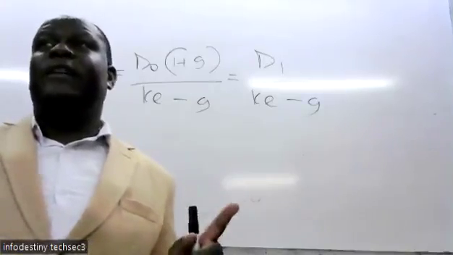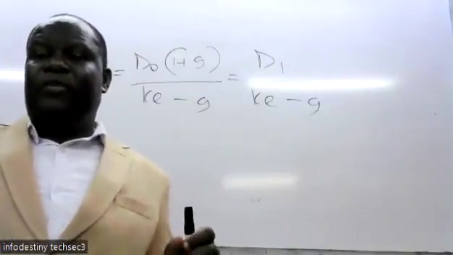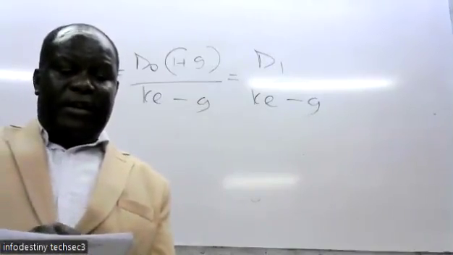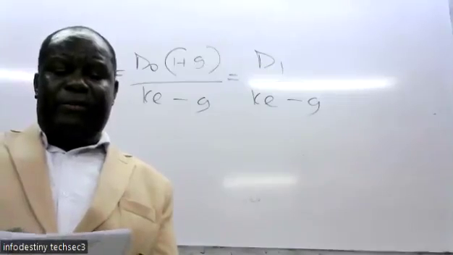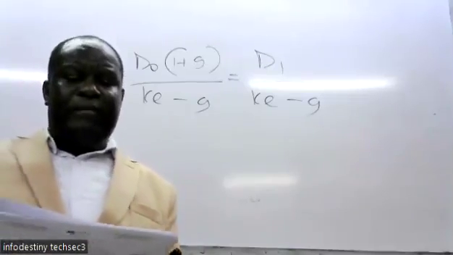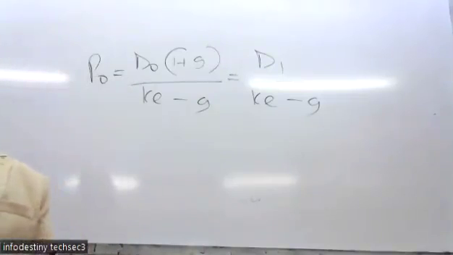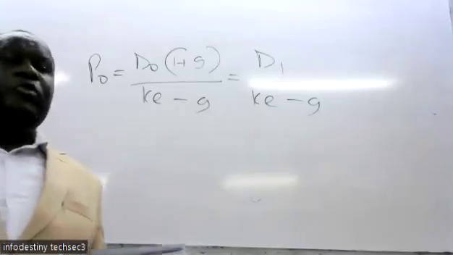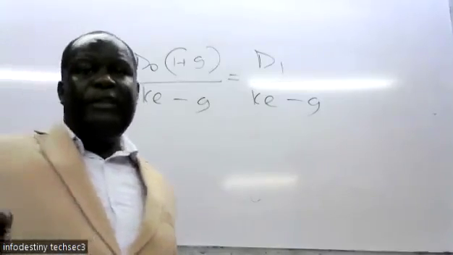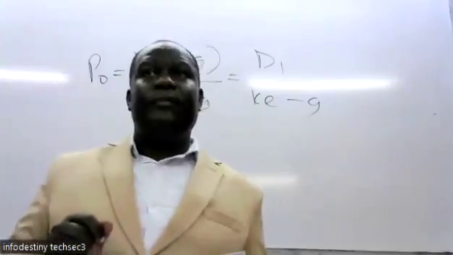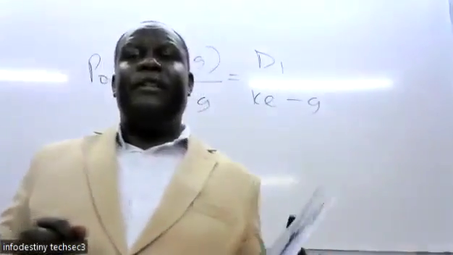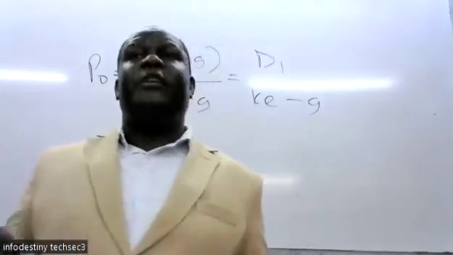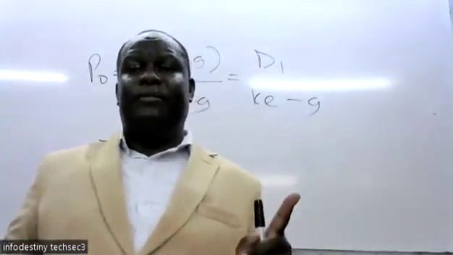It says the earnings per share and the dividend per share data for Maraba Limited over the last 5 years are provided. So 2017 is the last period, and the next period will be 2018. I want you to understand that part.